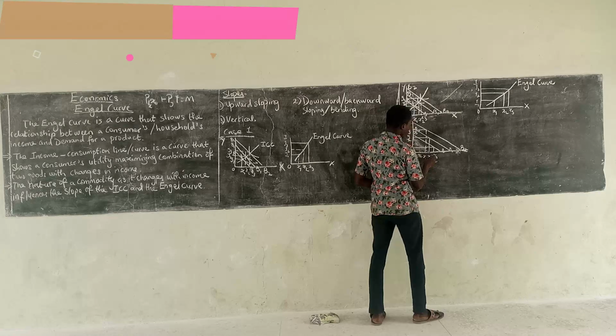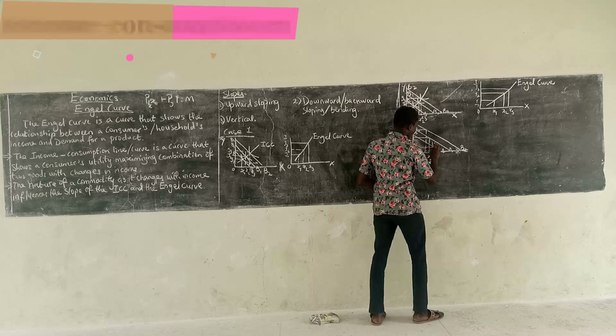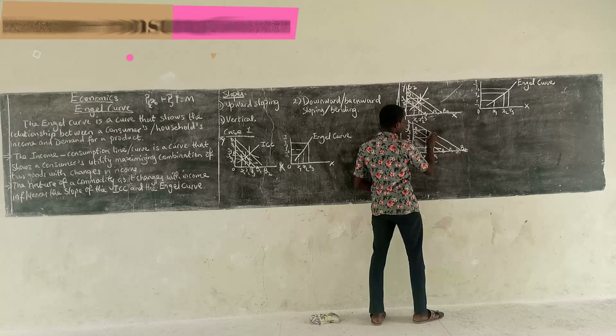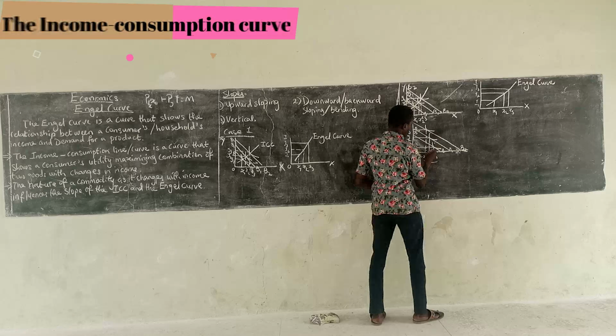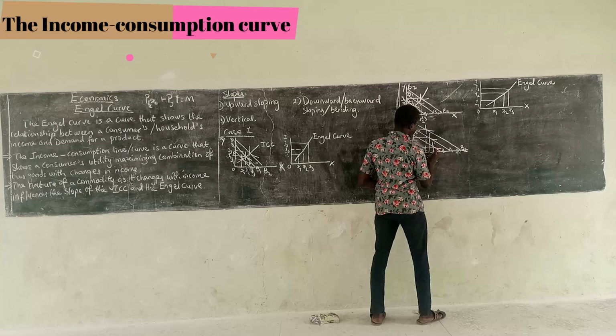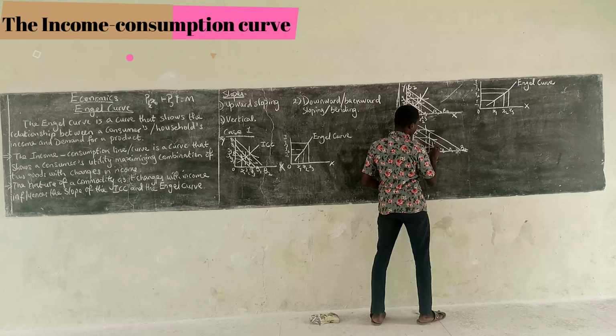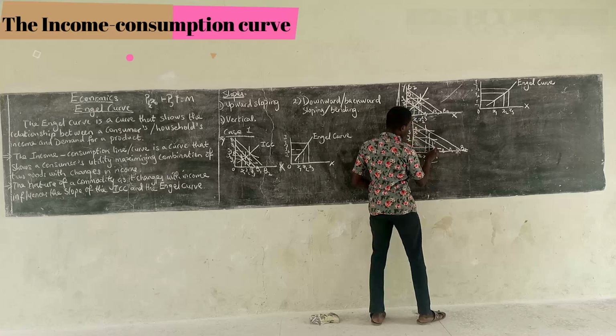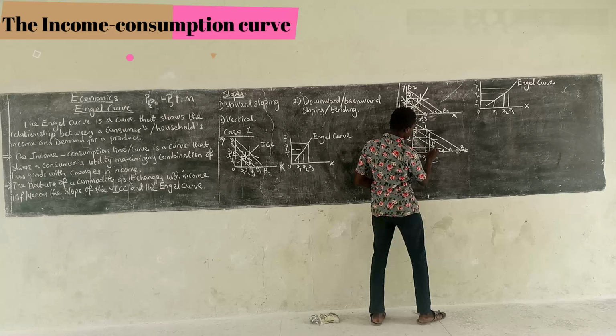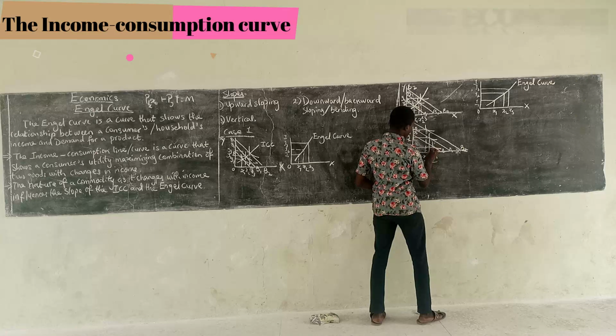So the first budget line, the first indifference curve is tangential at this consumer equilibrium, the second is tangential to the budget line at the consumer equilibrium, and this is going to be the third. In this case, we have a curve going this way. We're going to sketch that more.